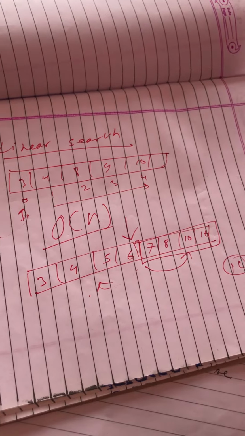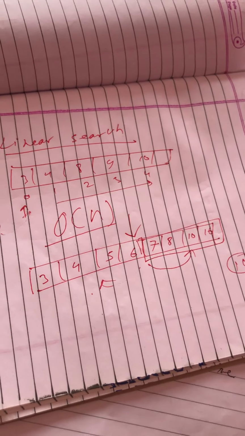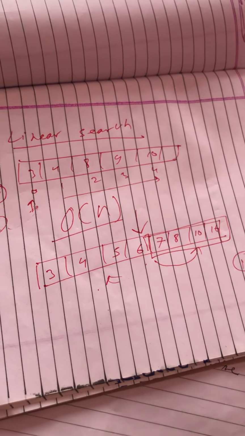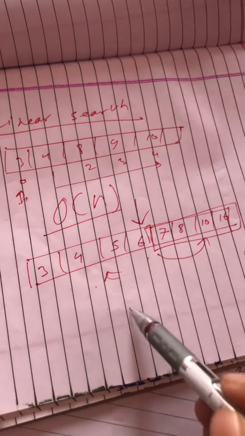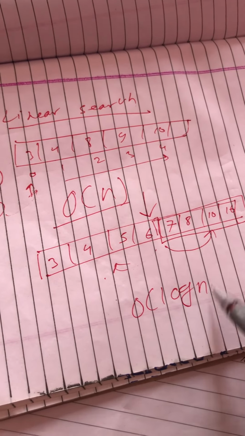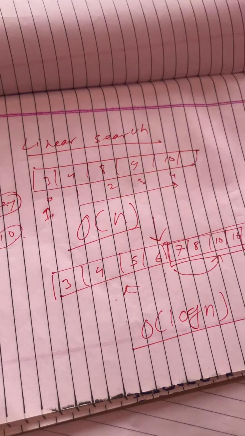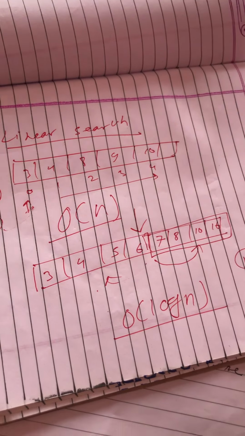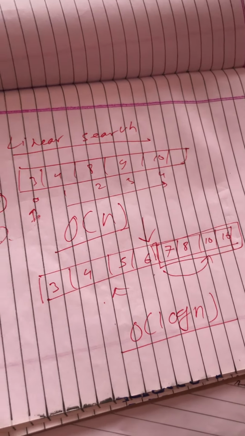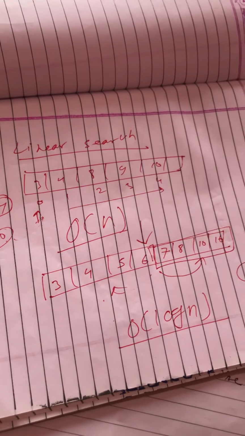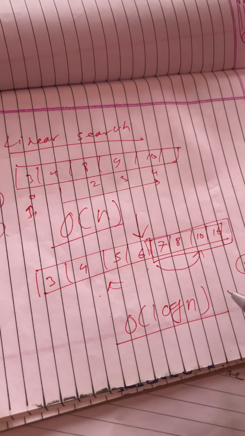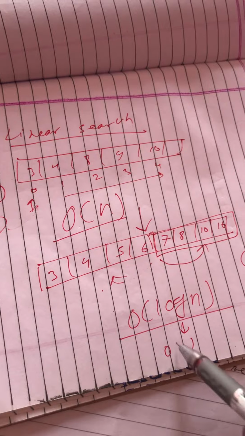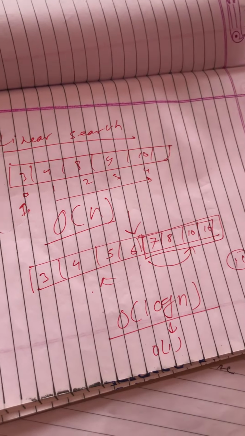If it is greater than the mid value, then the right side is taken. The complexity for binary search is O(log n). But to reduce the time complexity from O(log n) to O(1), the hashing strategy is used.